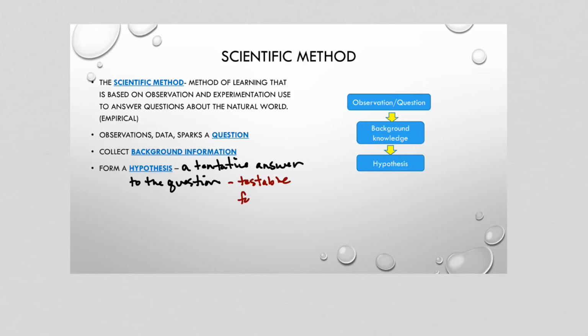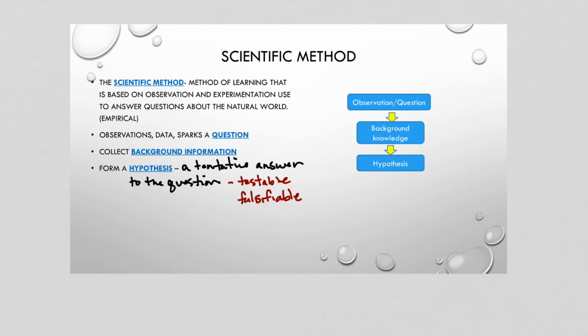Or sometimes that's called falsifiable. The bottom line is we have to be able to test it somehow, right? We have to be able to say, okay, here's our tentative explanation or answer to the question. How can we test if this is the correct answer?